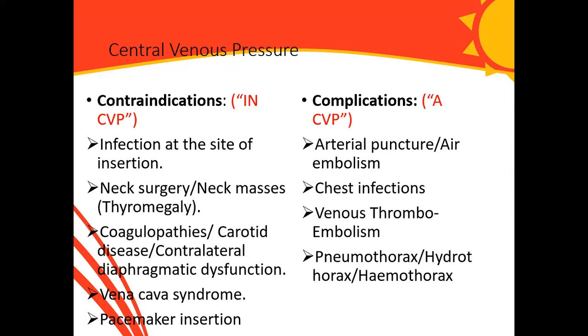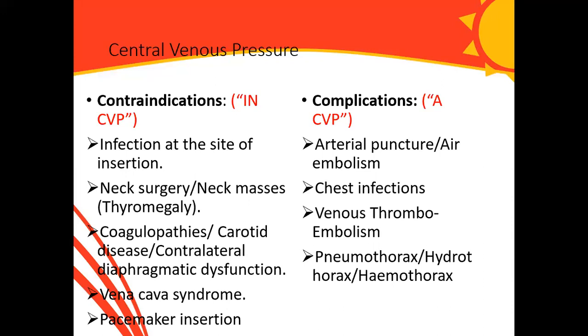You can cause air embolism if you do not do proper head-down positioning. You can introduce chest infections. You can actually cause venous thromboembolism, and pneumothorax is one of the common complications of siting the central venous catheter.